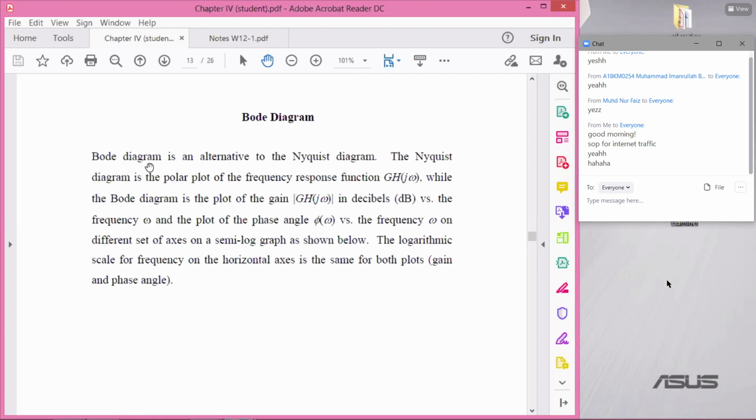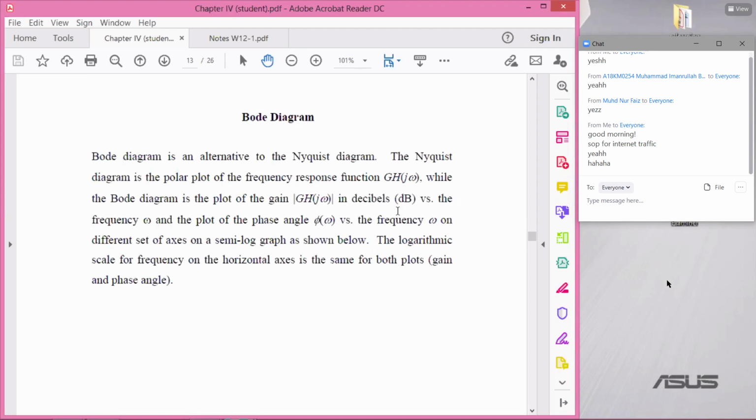It says that the Bode diagram is an alternative to the Nyquist diagram. It is just an alternative. It will convey the same type of information as the Nyquist diagram. The Nyquist diagram is a polar plot of the frequency response function of the open loop transfer function GH of J omega with frequency as a parameter, while the Bode diagram is the plot of the gain, the magnitude of the transfer function, in decibel. You need to convert the magnitude of the open loop transfer function into decibel.